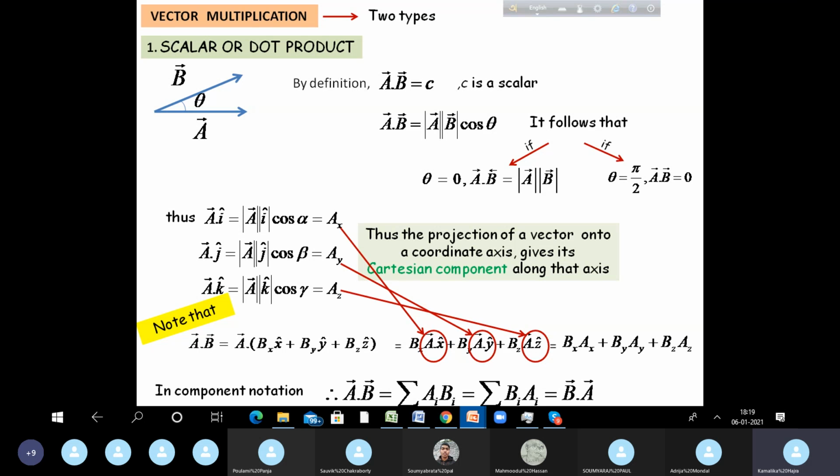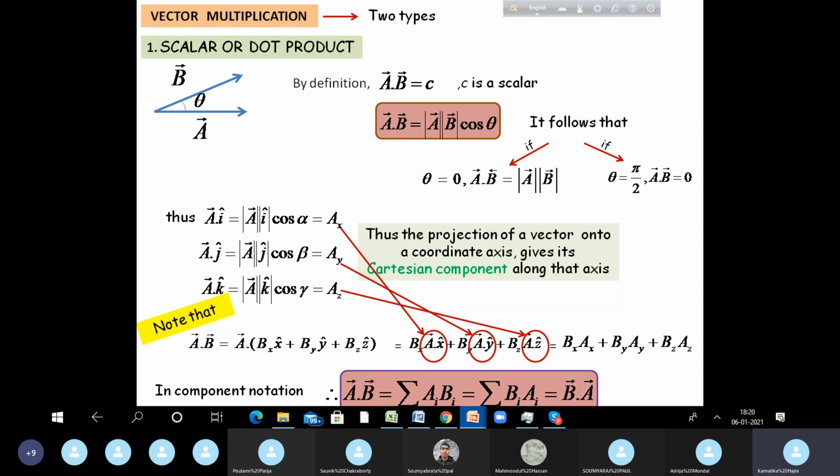So in component notation, the dot product can be written as the sum of the products of the components of the vectors. Summation ai bi, where i goes from x through z, or summation bi ai, where i goes from x through z. So A dot B and B dot A are the same, and this is the dot product written in component form.